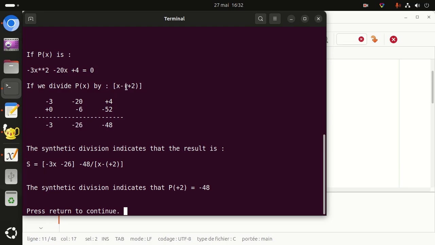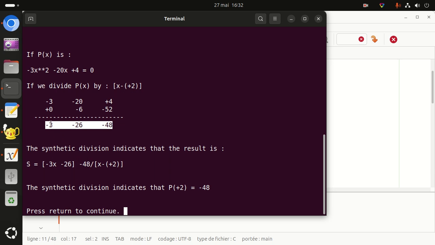I multiply minus 26 by 2, this gives minus 52. I add 4 plus minus 52, this gives minus 48. This is the result of the synthetic division.